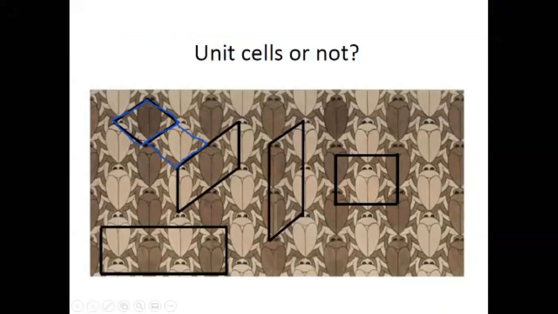What you notice here is that the new unit cell's information is not the same as the original. So this one would not be a unit cell because you don't get the same repeat unit when you connect those four lattice points. So that can't be a unit cell.